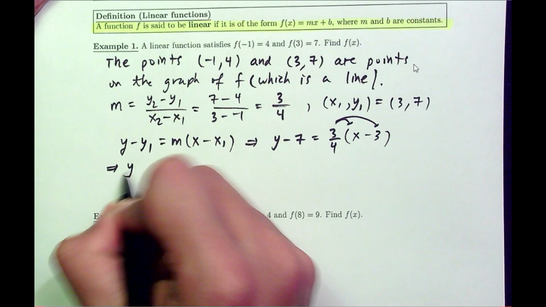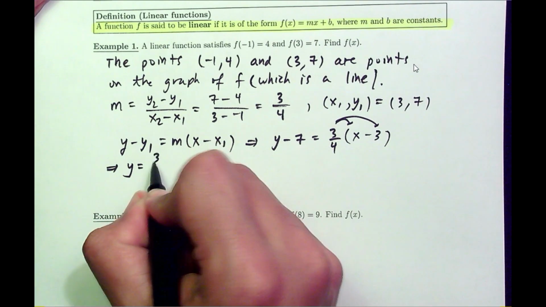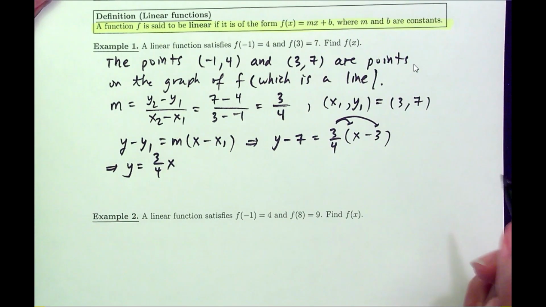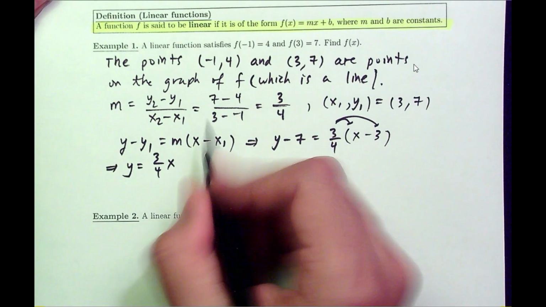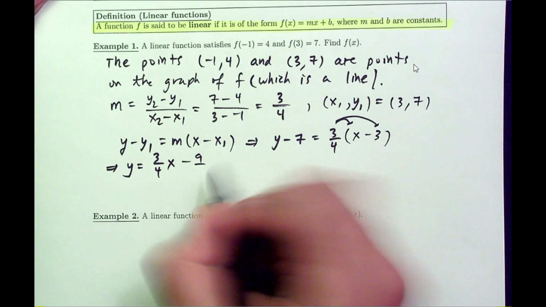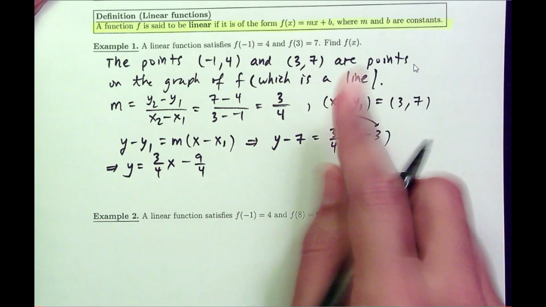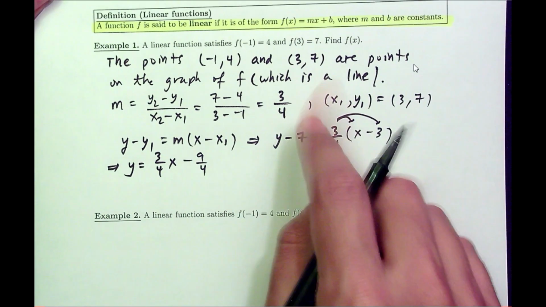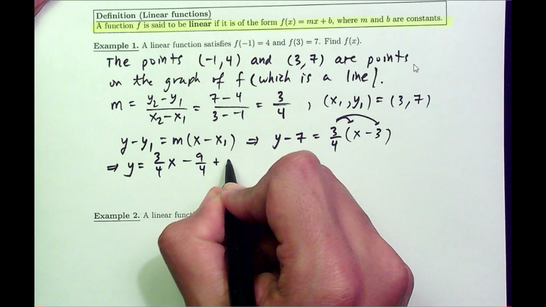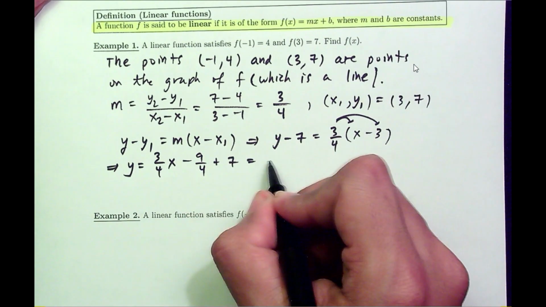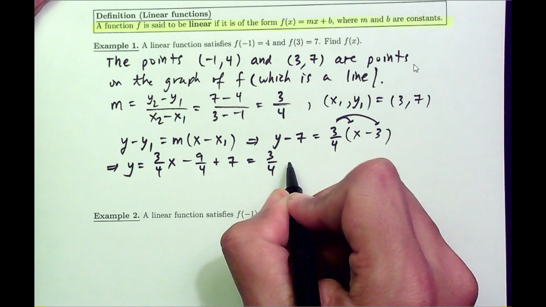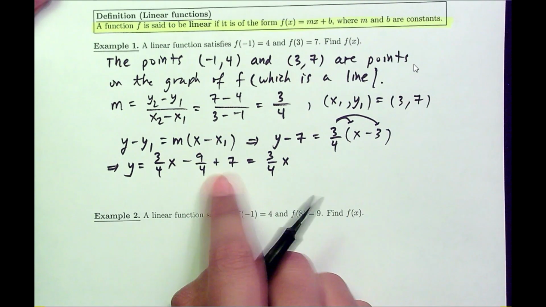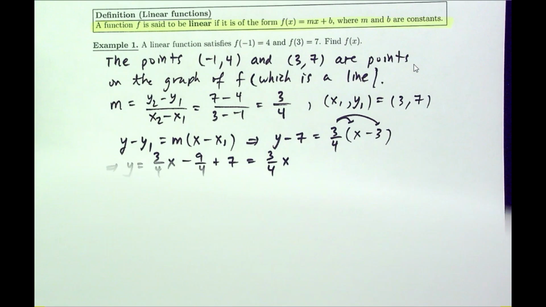So this is going to be y equals 3/4 x, multiplying here you get negative 9/4, and I'm doing all of that at the same time because I'm running out of space. I'm going to move the 7, you're going to get plus 7. And simplifying, this is 3/4 x, and now you can put that in the calculator, or just do it by hand.